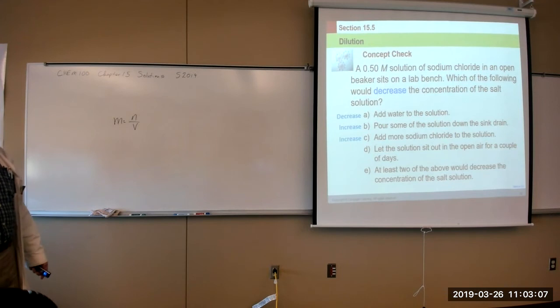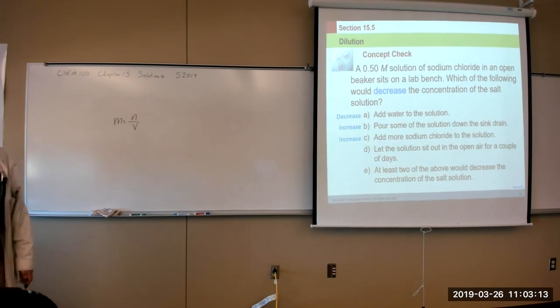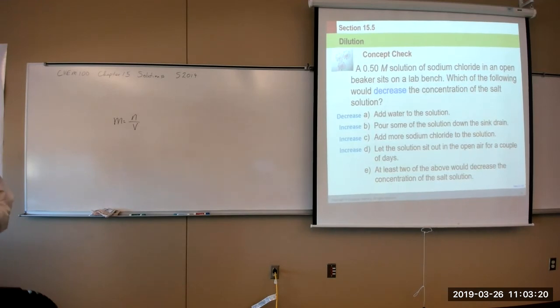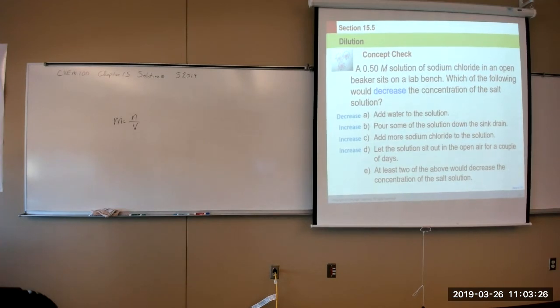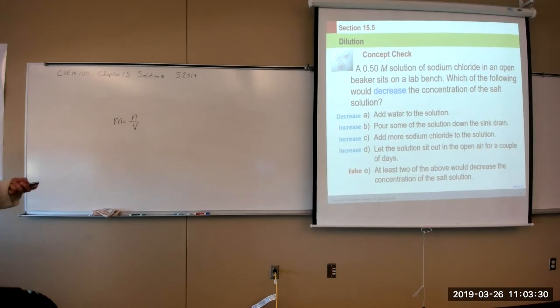Add more sodium chloride. If we add more solute, we do increase the concentration up to the saturation point. Let the solution sit out on the open bench. Since sodium chloride doesn't evaporate, water does, then you're decreasing the solvent, an increase in concentration. So only one of them will actually decrease the concentration, this one. And that one's an error.